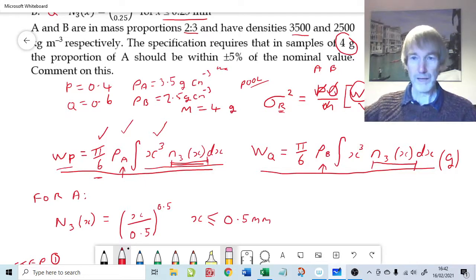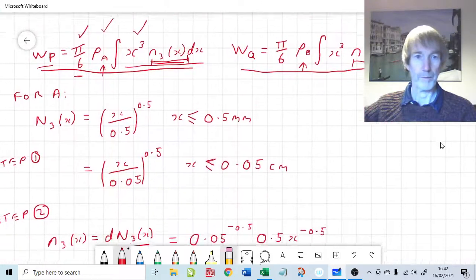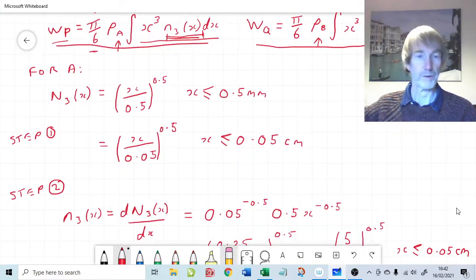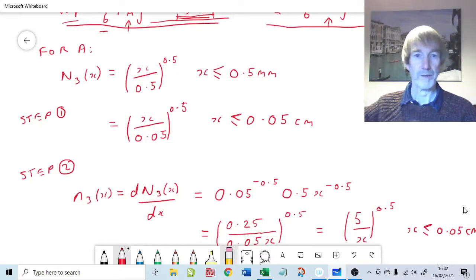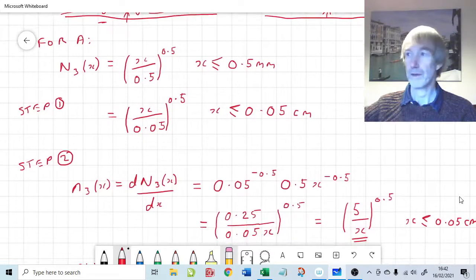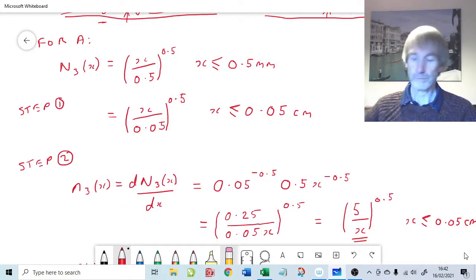Okay, well, we have the functions for the cumulative distributions, and going back to my earlier comments, the first step is to convert from millimeters to centimeters.